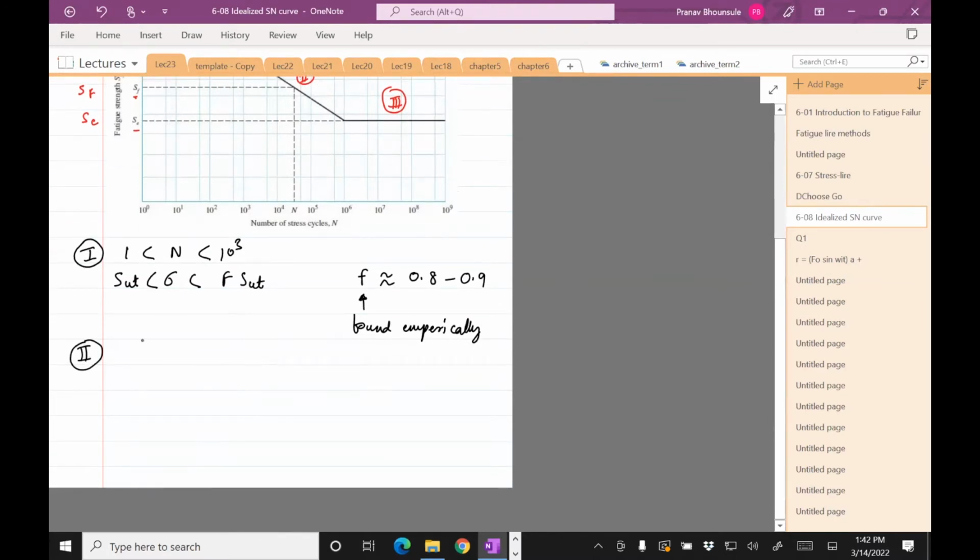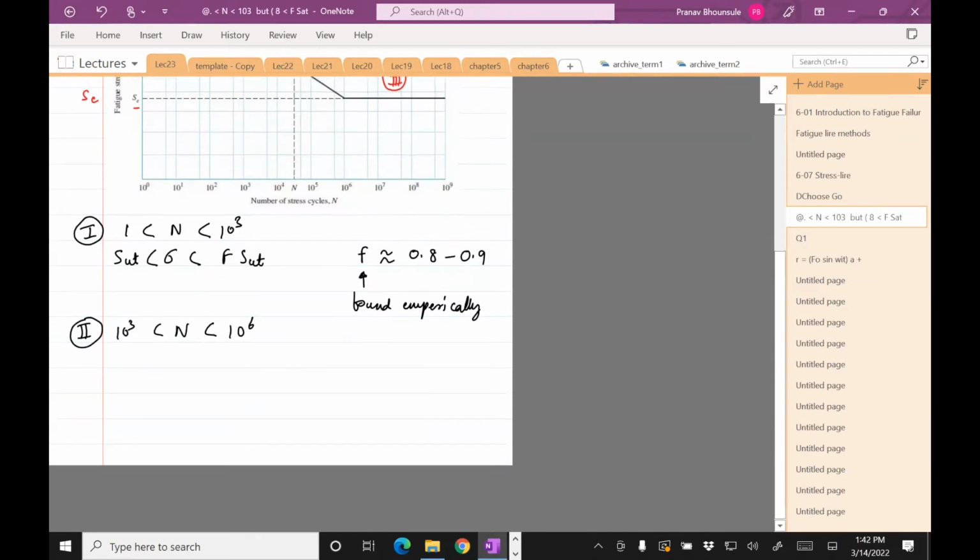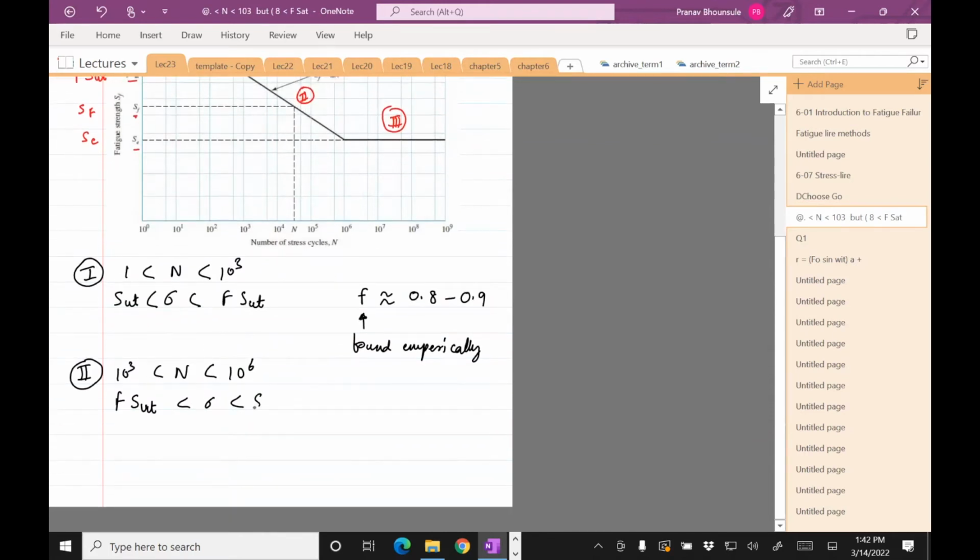The second region is the one which goes from 1000 to 10 raised to 6. So this goes from a stress of F times SUT to SF.